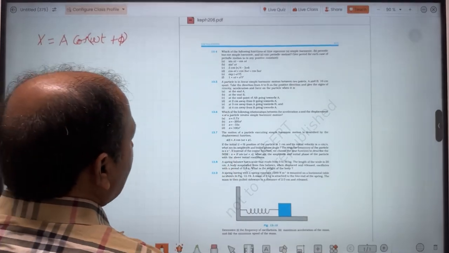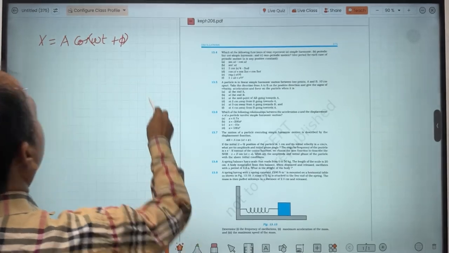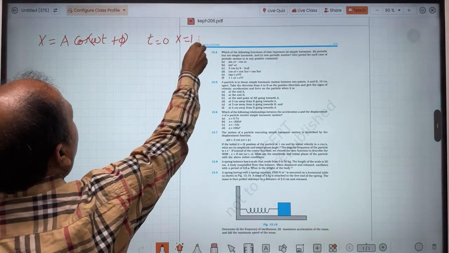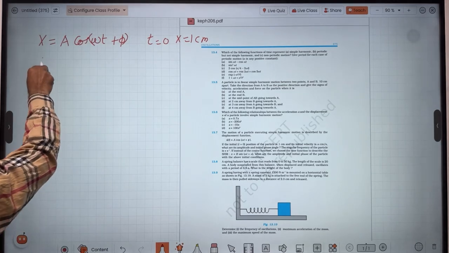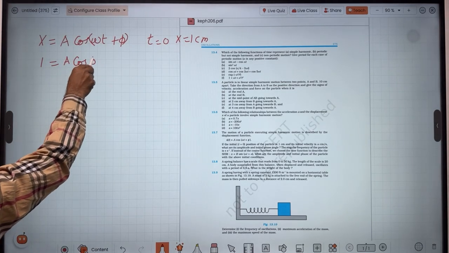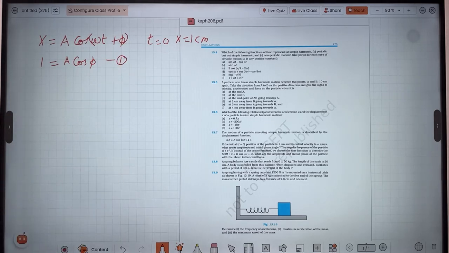And some condition is given. When t equal to 0, x equal to 1 cm. So we write it here, 1 equal to a cos phi. This is equation number 1.